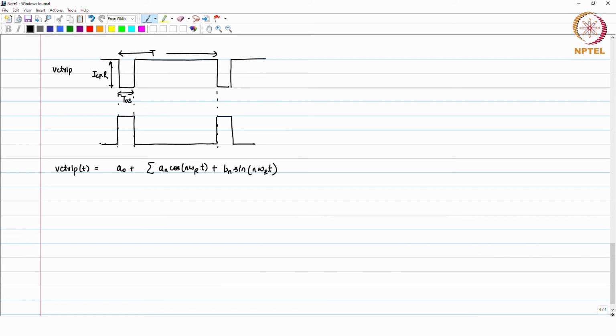You will see that you are going to get a lot of component magnitudes here. If I go and find the Fourier series components for this, I will get the fundamental. Omega r here is the reference frequency.